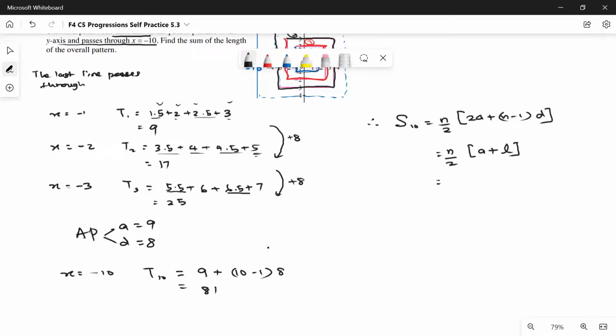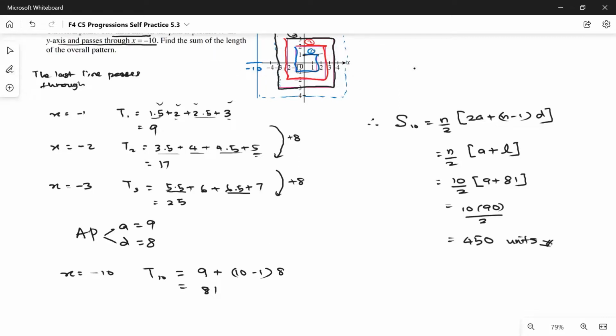Both give us the same answer. So let's put 10 over 2 in. The first term is 9. The last term is 81. Add all together, we have 90. So 10 times 90 over 2, 45 times 10 is 450. So the overall length is 450 units.